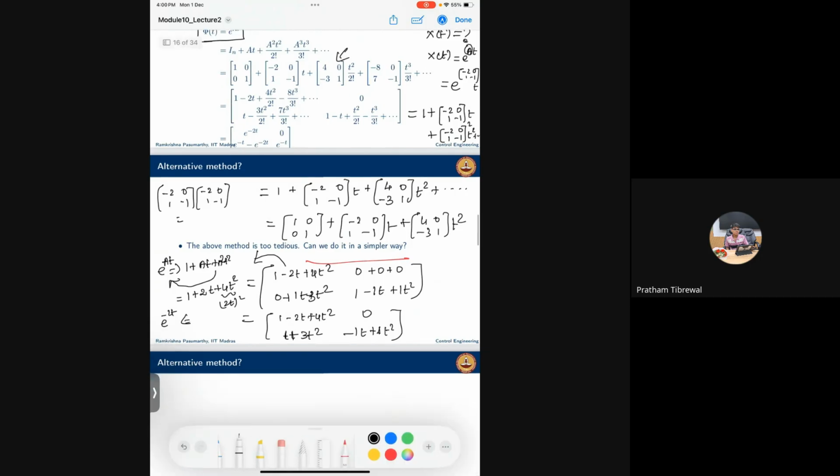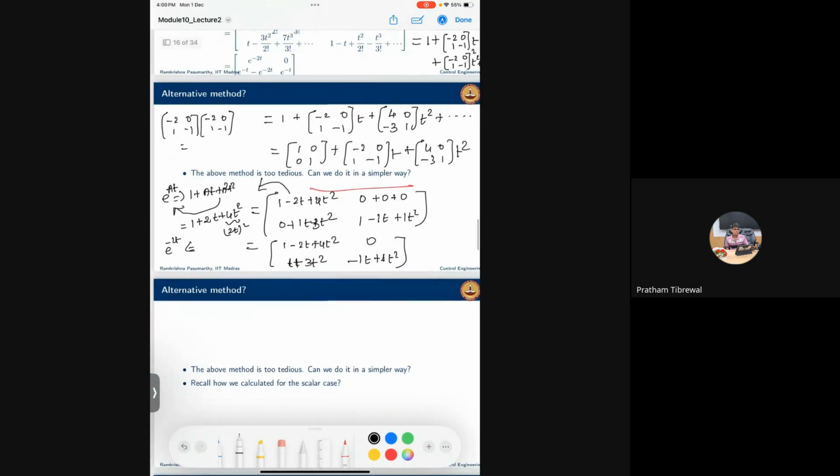Similarly, we will shrink back everything. That will give me e power minus 2t, 0, e power minus t minus e power minus 2t, e power minus t. So this is the overall solution for my differential equation.